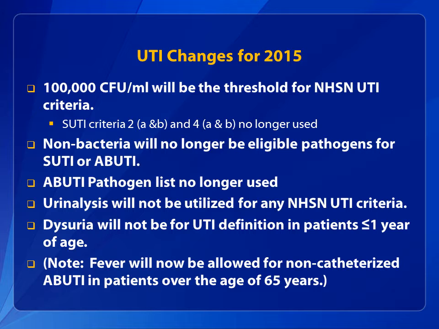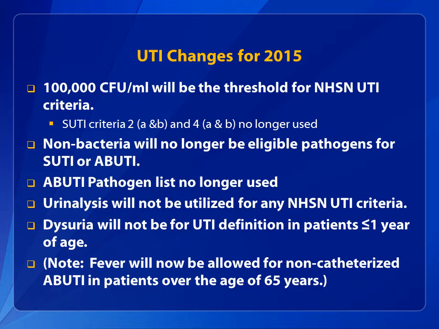A laboratory survey conducted by the Association for Professionals in Infection Control, in collaboration with CDC, showed that raising the threshold for colony counts to at least 100,000 colony-forming units, or CFUs, per milliliter would enable the majority of labs to equally report all qualifying urine cultures.